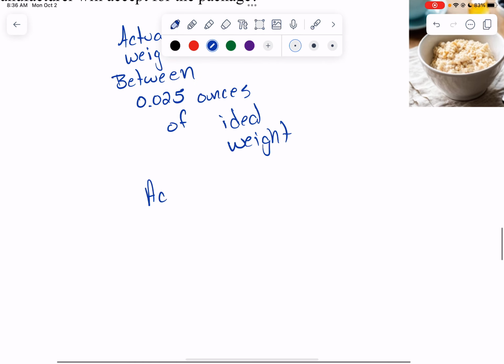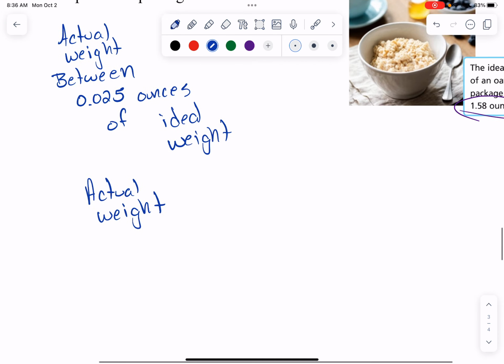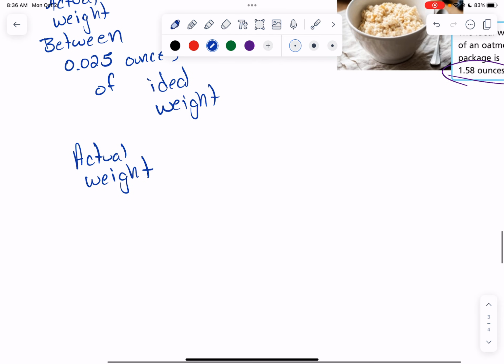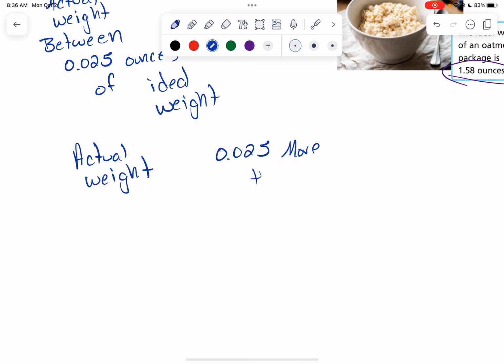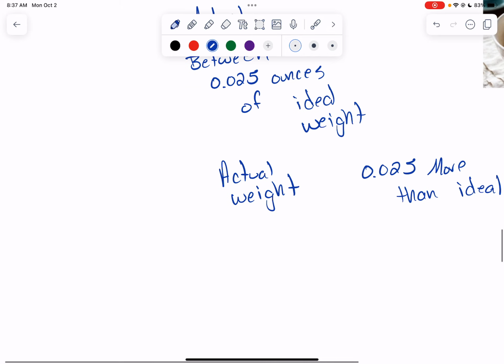So basically the actual weight, if it's too heavy, would be 0.025 above. So the actual weight could be 0.025 more than ideal, or 0.025 less than ideal.